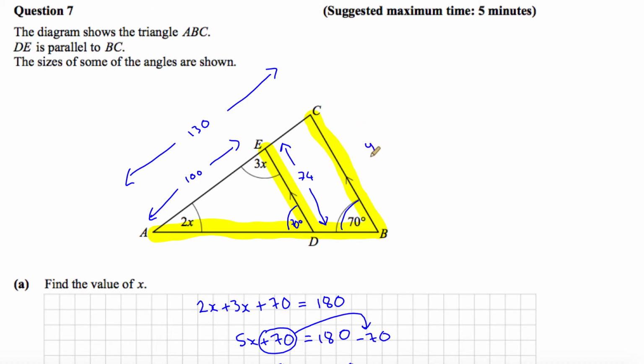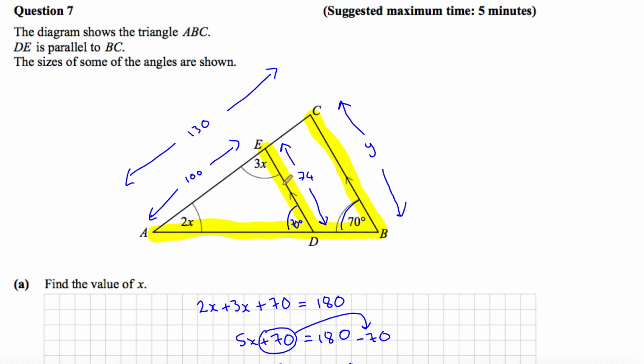So I'm just going to call that y, because x has already been used, so we want to find BC, which is y. Okay, so there are two triangles here. There's the triangle AED, which is the small triangle, and the triangle ACB. And I'm going to draw the two of them separately.